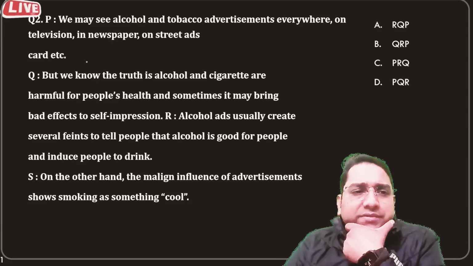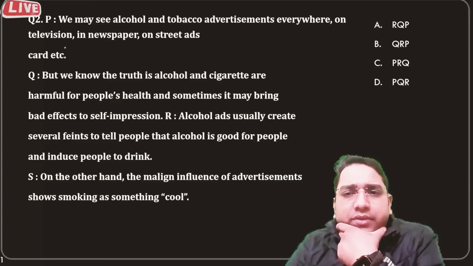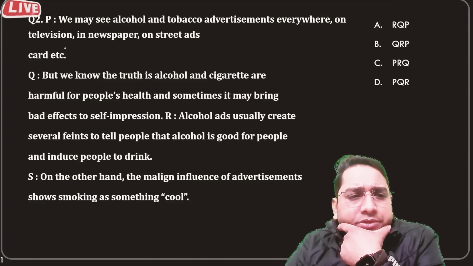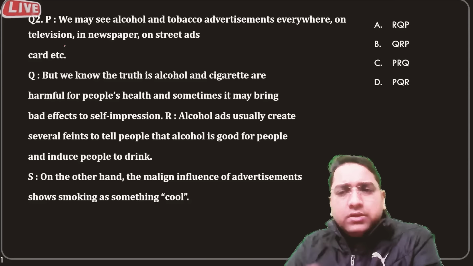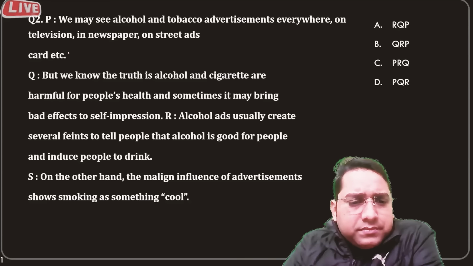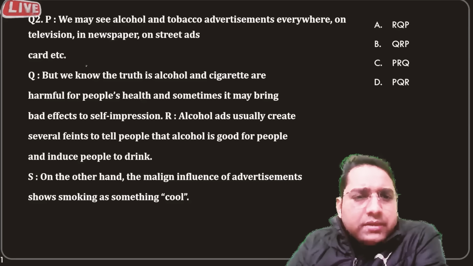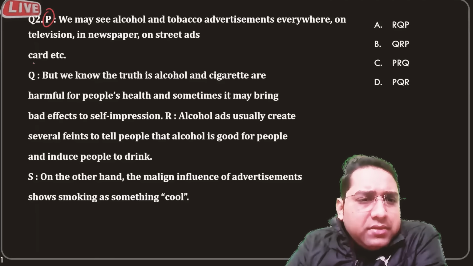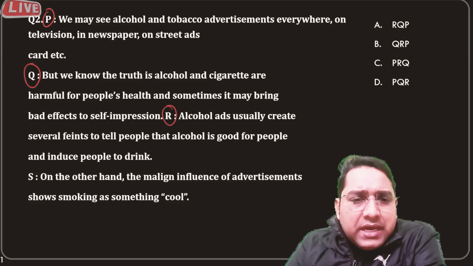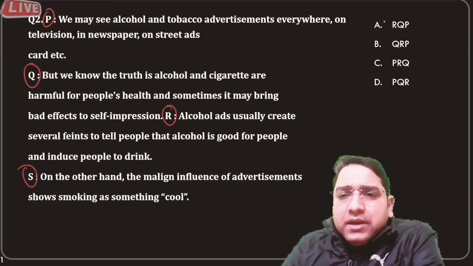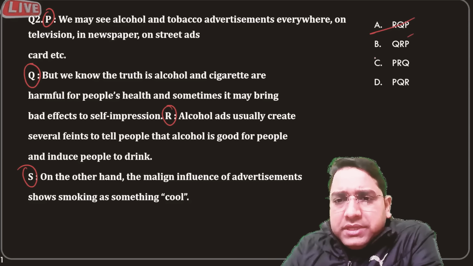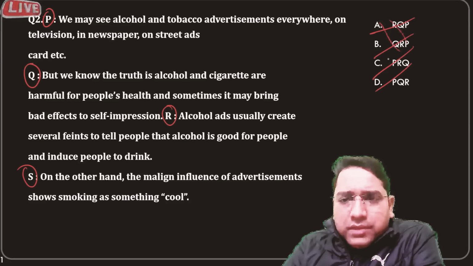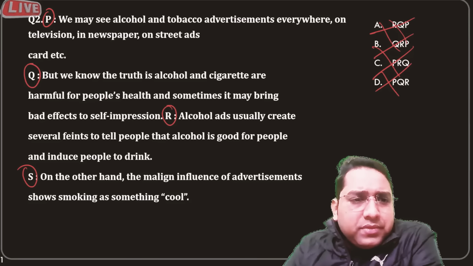Can you please tell me the answer for this question here? Options are not given or what? Okay, this is P, this is Q, this is R, and this is S. Don't look at the options. These are different. Don't look these options.